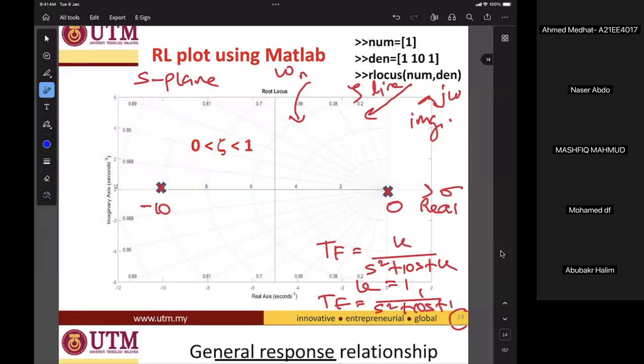this plot, where you have a lot of closed loop poles. And then another one from minus 10.